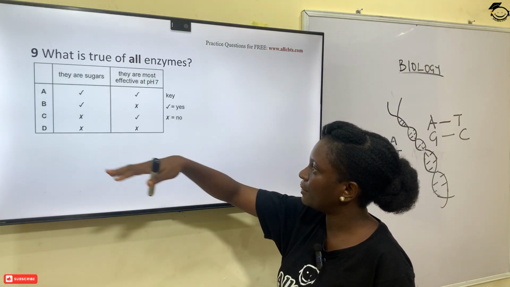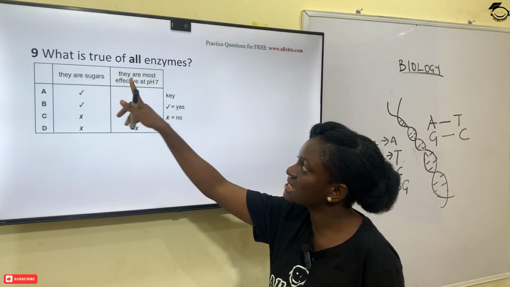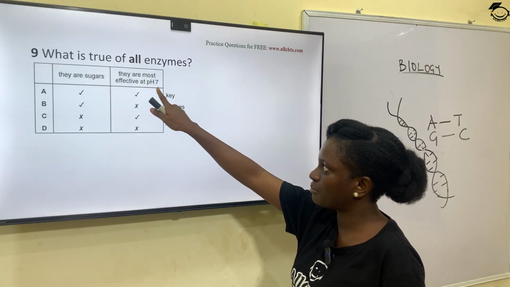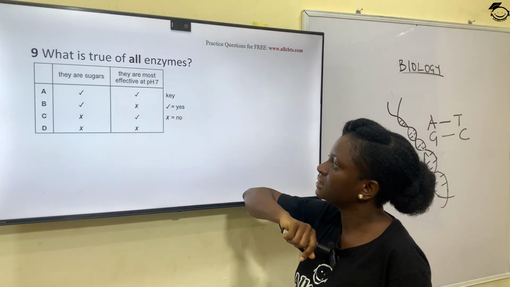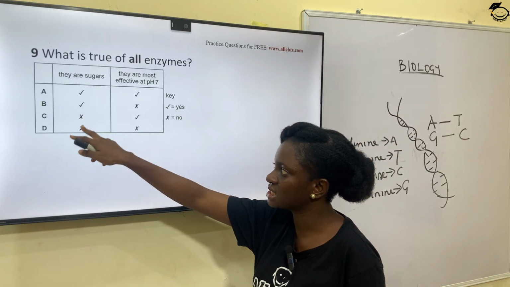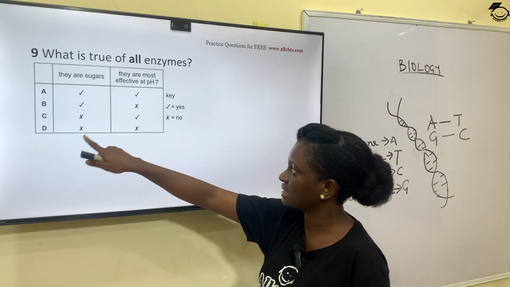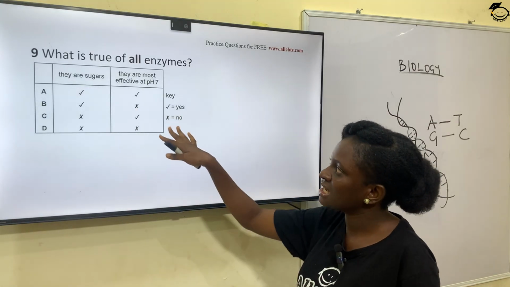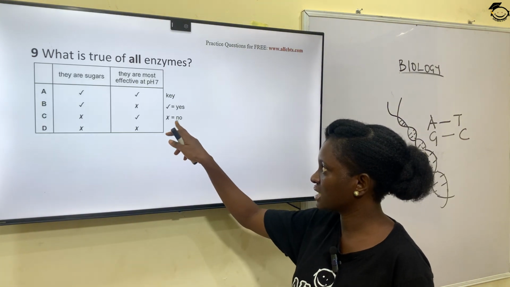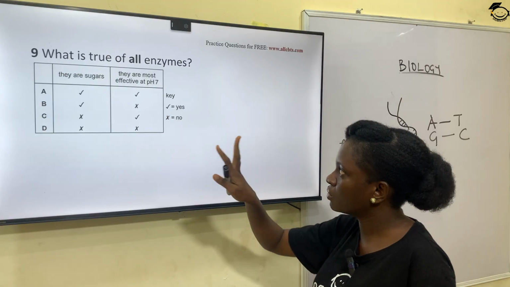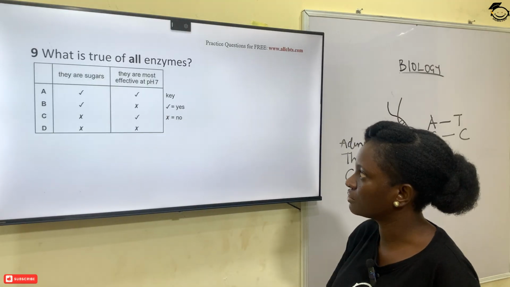We have A and C ticked as they are most effective at pH 7. Then we have C and D ticked that enzymes are not sugars. And we have B and D ticked that enzymes are not most effective at pH 7. The X is no, the tick is yes.